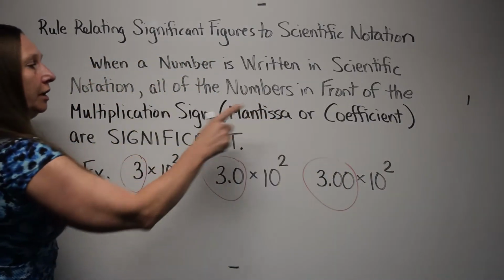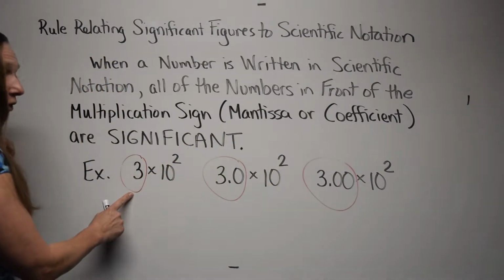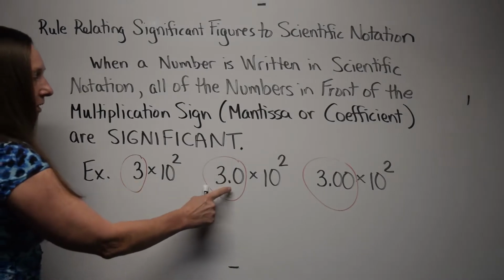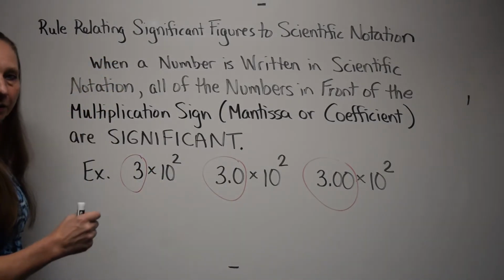Now, all of the numbers in front of the multiplication sign, which are known as the mantissa or coefficient, are significant.